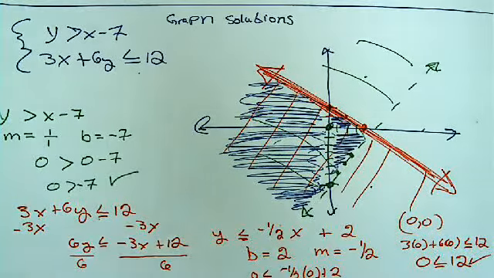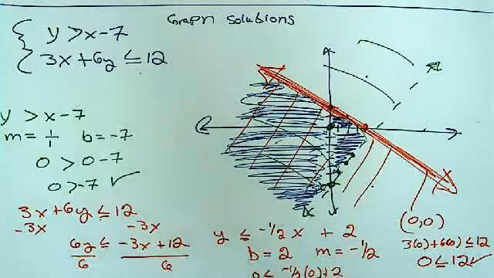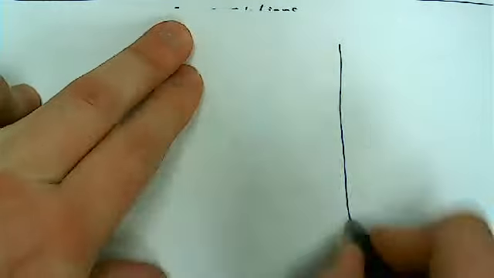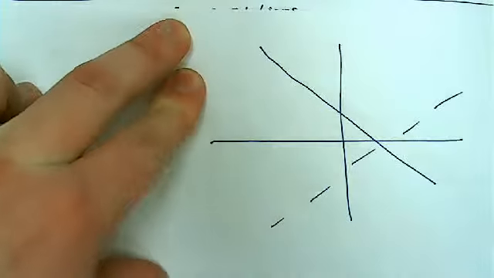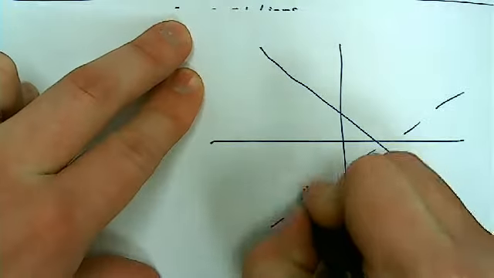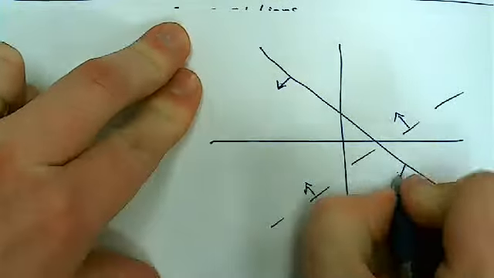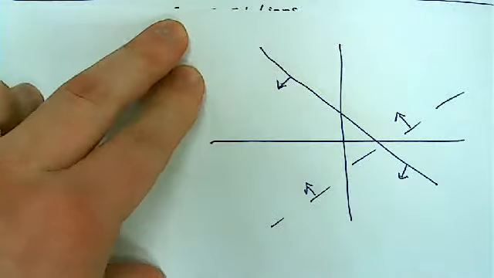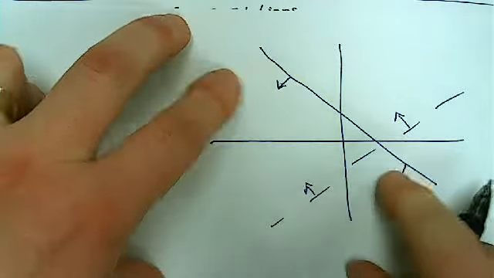Although I will admit this, when I was first learning this, let me redraw this real quick. There's that line, and here's this solid line. I might have just, rather than actually shading it, drawn a couple of arrows to show which side I was going to shade. And then I look where the area is where the arrows are all pointing.